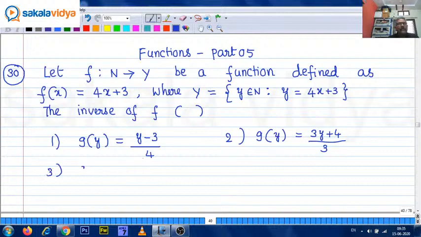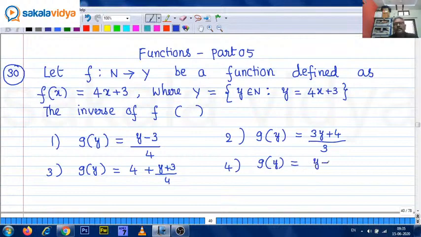Third, g of y equals 4 plus y plus 3 upon 4. Fourth option, g of y equals y plus 3 upon 4. This is the question.